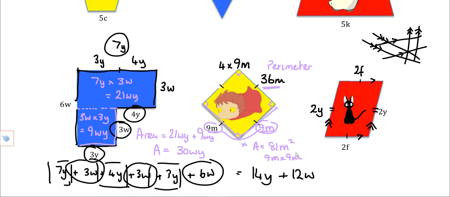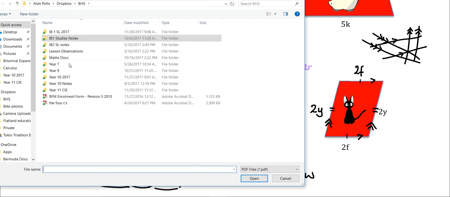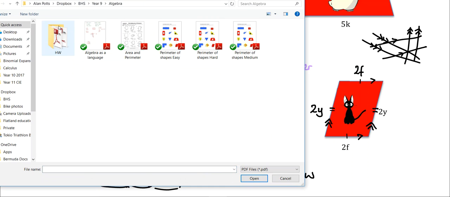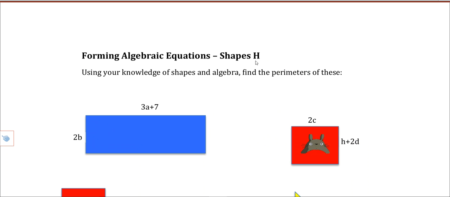Feeling good? In the new worksheet, are we gonna have triangles to work out the area? Right, so let me show you before I give it out. Perimeter of shapes are hard.